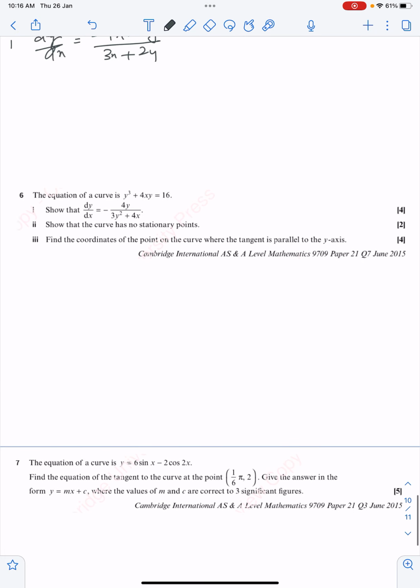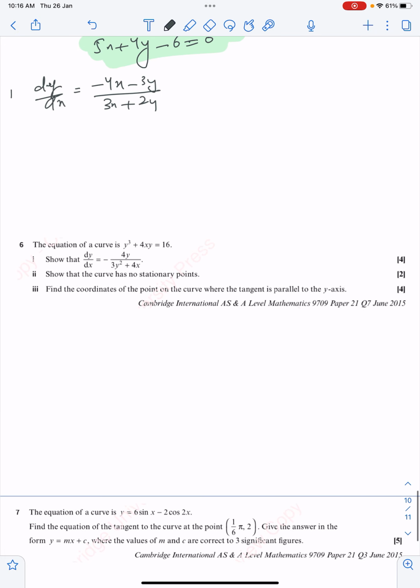This is the second part of the question. We have to make dy by dx equals 0: minus 4x minus 3y equals 0.